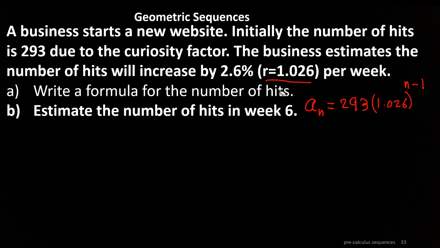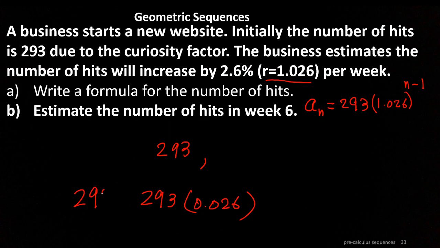Again, how do we know R is that? Because we start with 293, and the next number has to be 0.026 more than what? More than 293. That means the next number has to be this sum. But this sum is what?